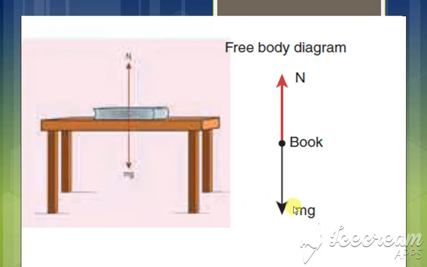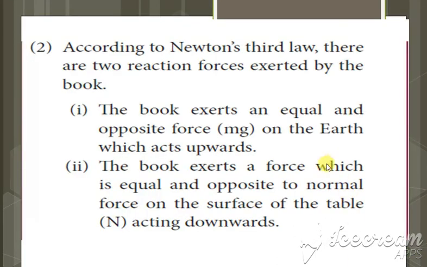The gravitational force formula is mg, so I am writing it as mg. The normal force I am just writing as N. According to Newton's third law, the book exerts a downward force, the gravitational force, and an upward force, the normal force. This is how we represent the book lying on the table.